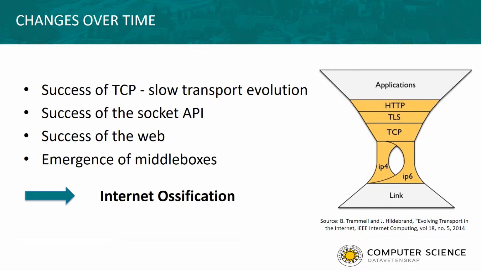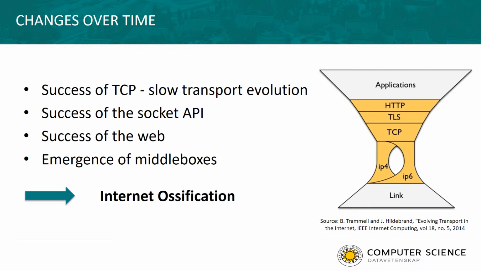And when you have such a successful protocol stack, the rest of the architecture starts to ossify around this protocol stack. And we have seen also the emergence of a lot of different middle boxes that have then made assumptions about the traffic that runs on top of the network. So today our network is far from stateless. We have a lot of middle boxes that manipulate the traffic in different ways.